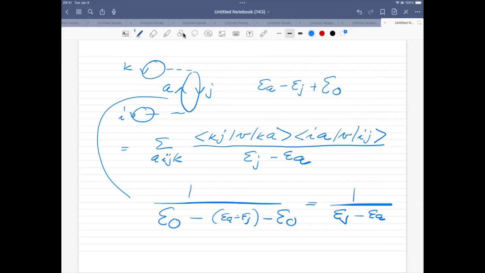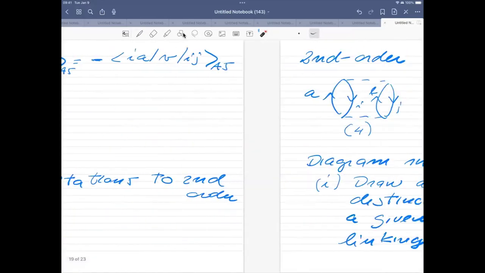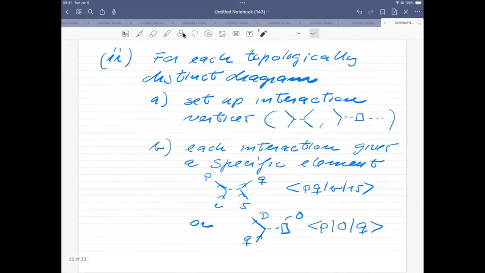So the intermediate states here, each one between a given vertex, gives us now a energy denominator contribution, which is simply the sum over the whole state energies, and subtracted from that one, the sum over the single particle state energies. So we have such a denominator, which we need to take into account.